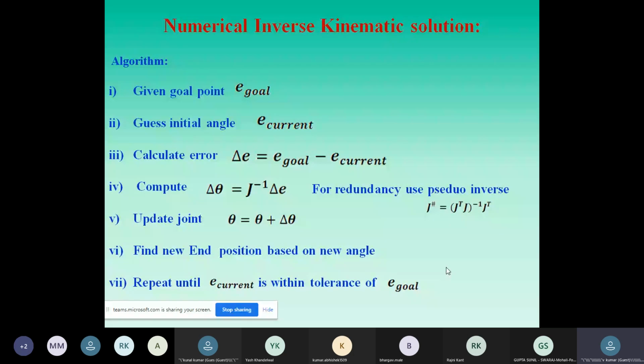So for singularity configurations, this inverse kinematics problem is very difficult. Again, for a redundant manipulator, in place of the Jacobian matrix, we use the pseudo-inverse Jacobian. The pseudo-inverse Jacobian is like this: J transpose, J J transpose inverse. This is the numerical approach.